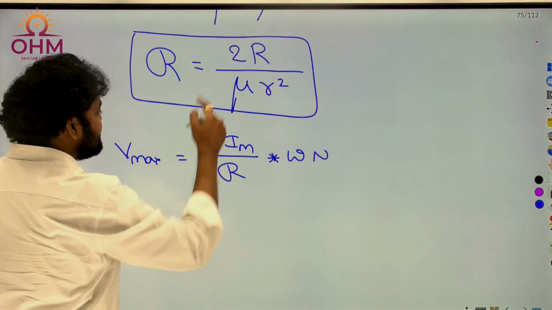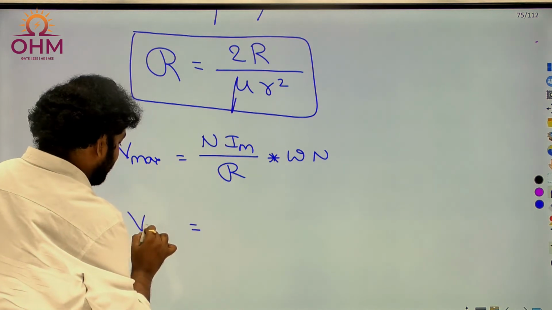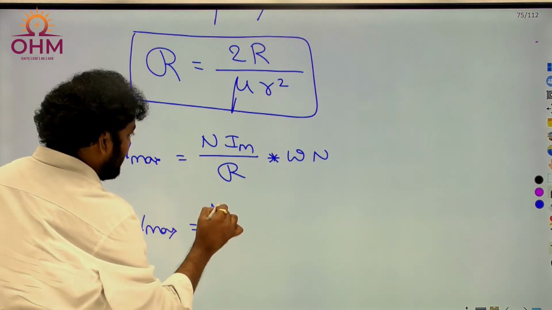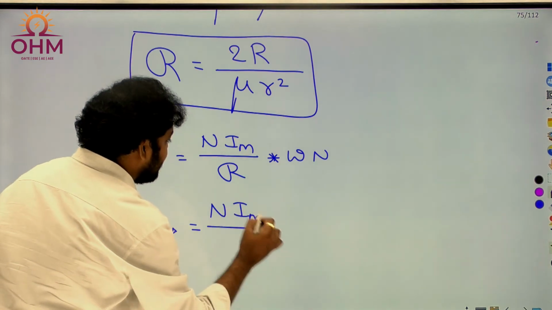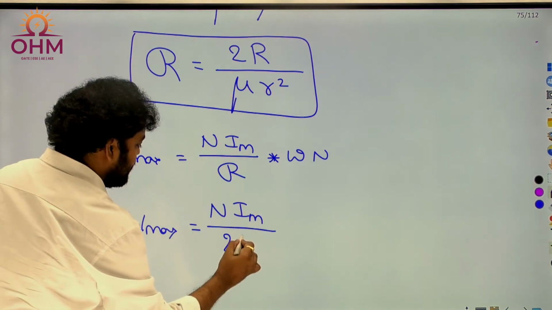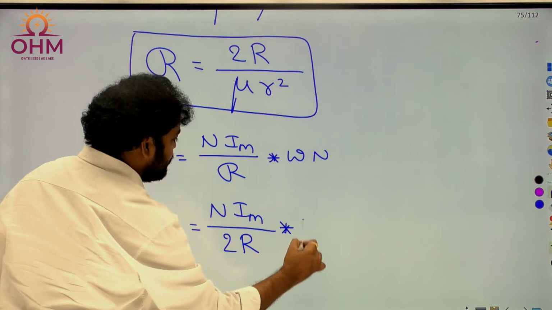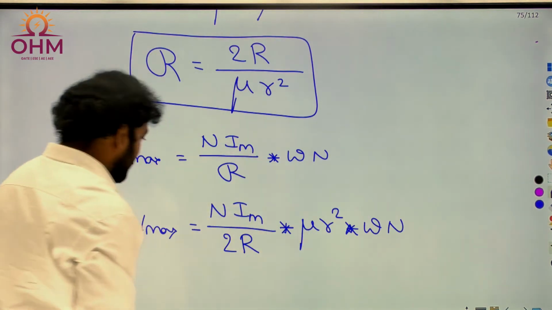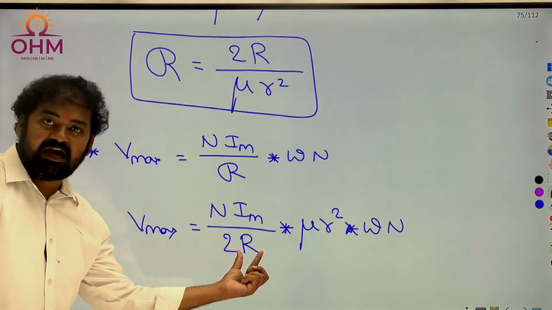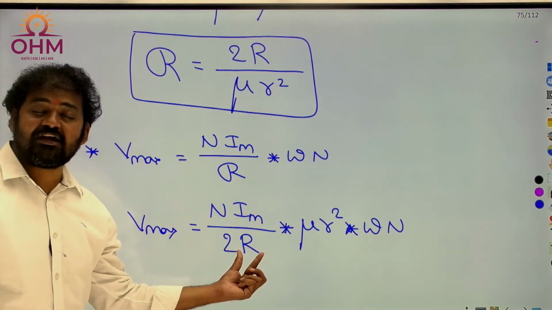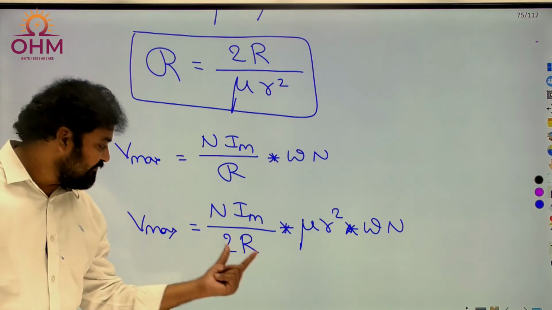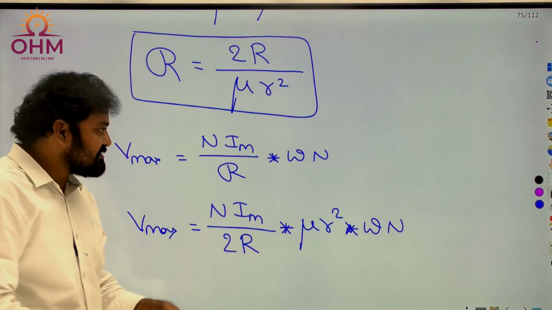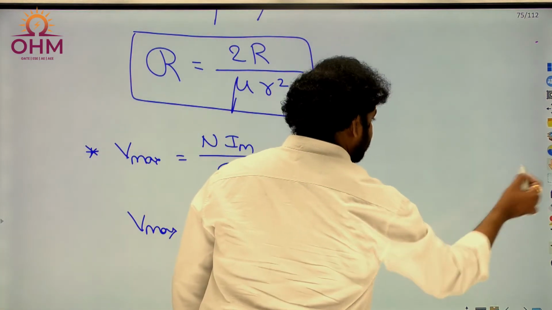Now substitute the reluctance: you need to substitute 2R by mu r square, so mu r square will go to the numerator, into omega n. Yes, now I got this capital R value. See, what is the final answer I need to find? I need to find a formula for this capital R, so let me separate this capital R now.